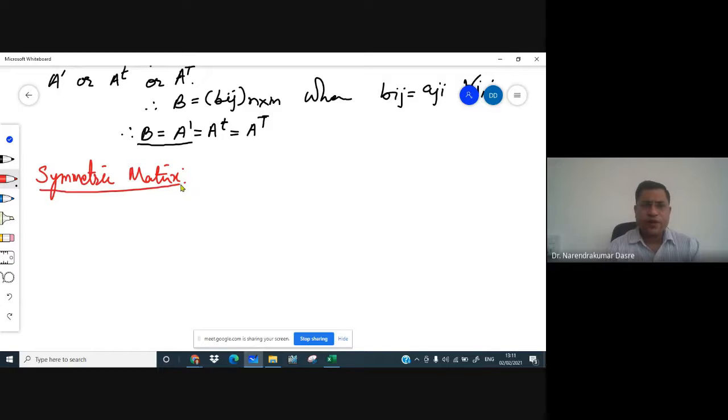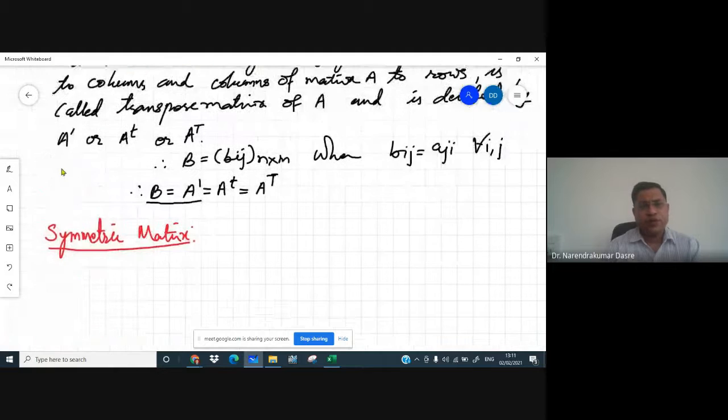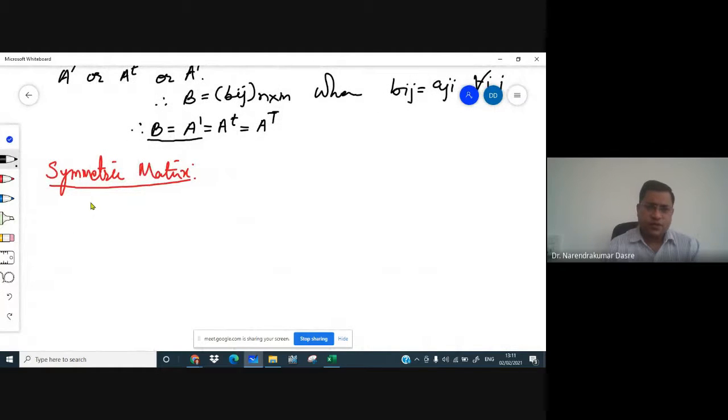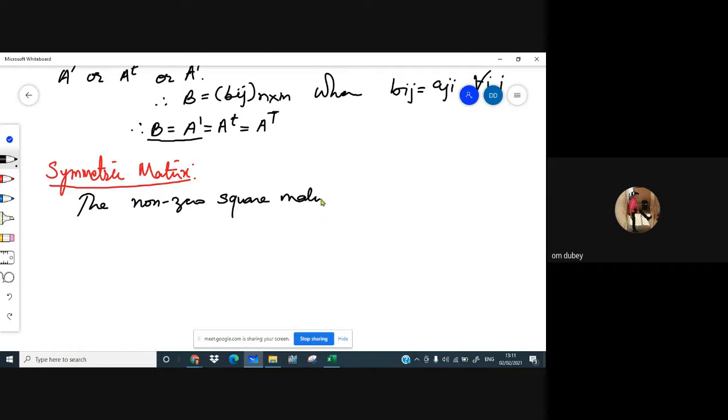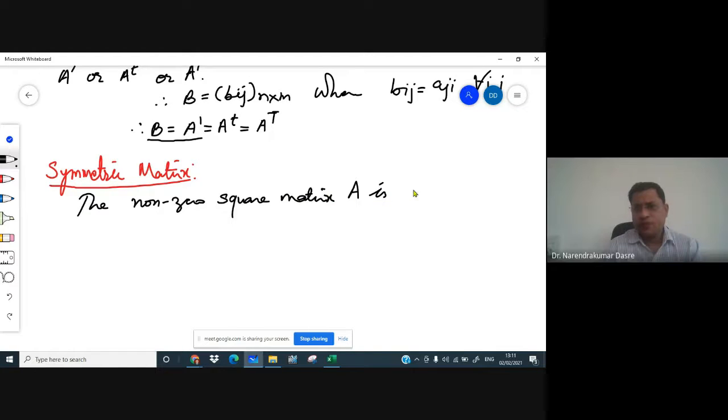So when you say a matrix is symmetric, the non-zero square matrix A is said to be symmetric if A is equal to A transpose.